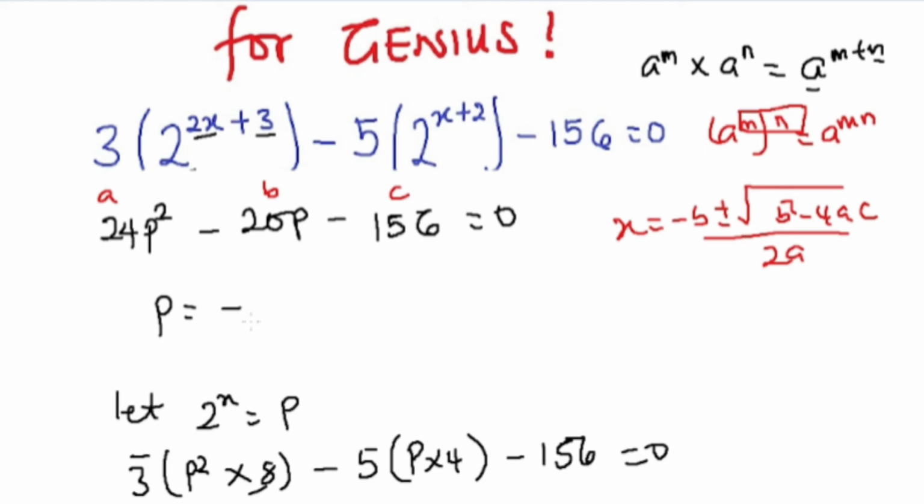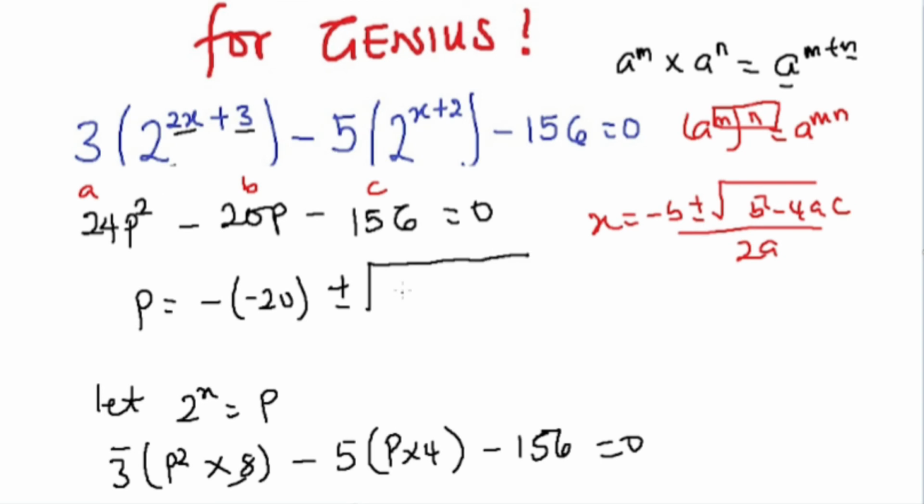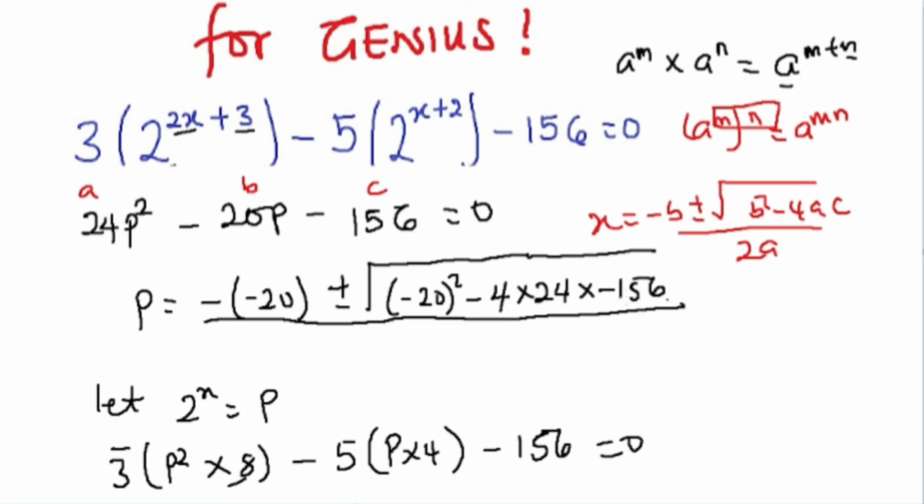So my b here is actually minus 20, so I have minus minus 20 plus or minus the square root of, now my b squared here is still minus 20 squared, okay, minus 4 times my a, which is 24, then times minus 156, all over 2 times 24.